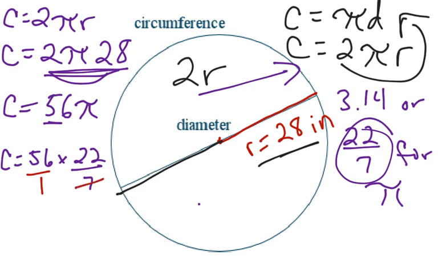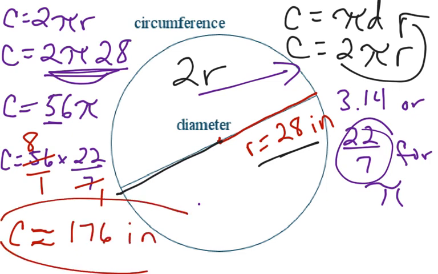So we have 7 going into 7 one time. 56 divided by 7 is 8. So then we have the circumference being about 8 times 22, which is 176 inches.